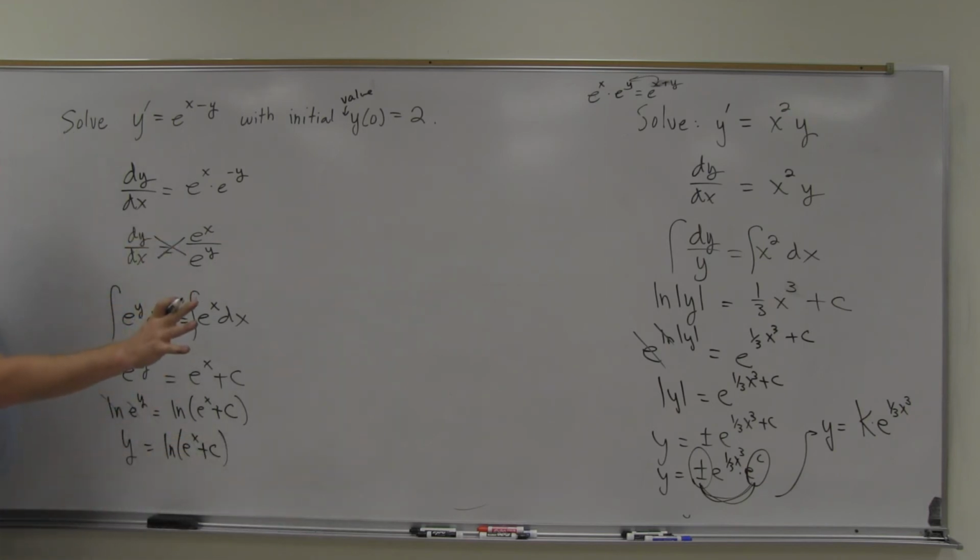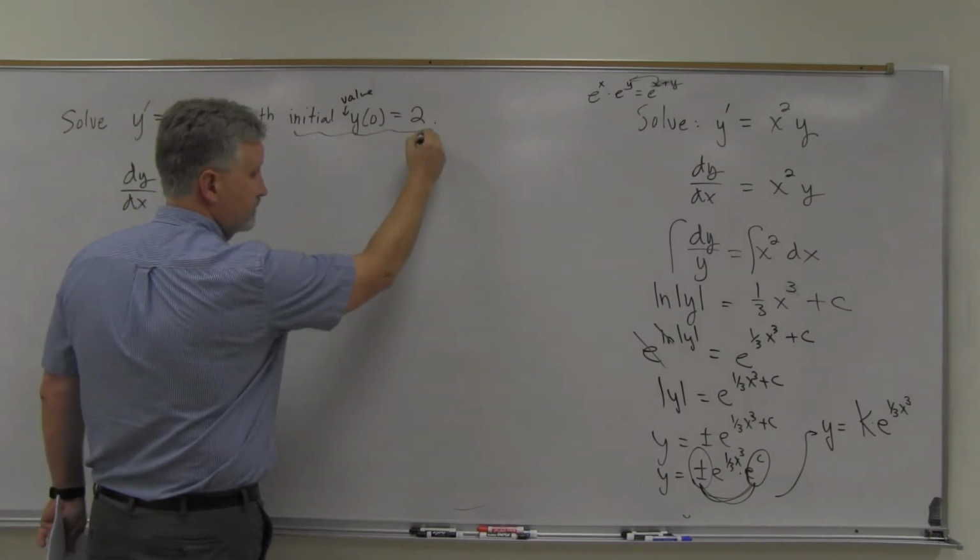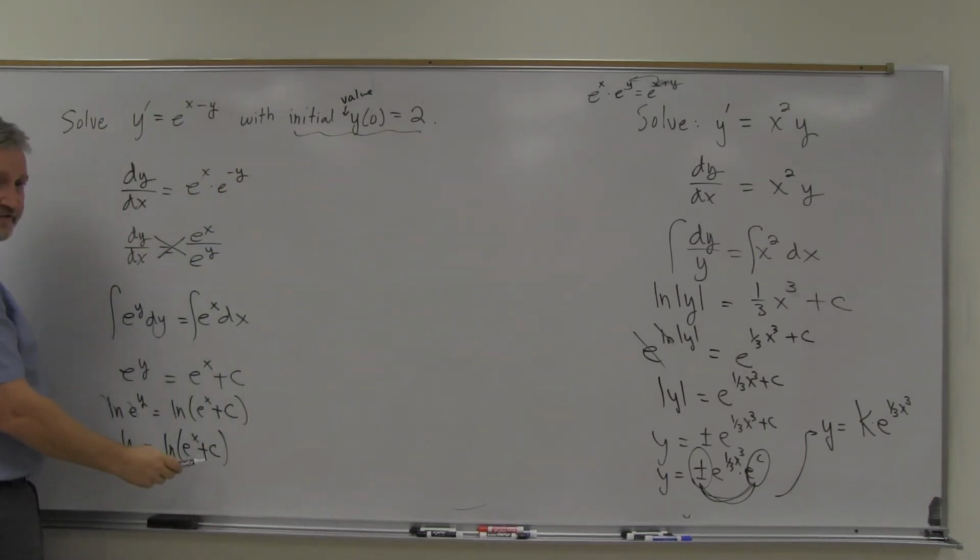That would have been where we finished last time, but with this initial value, we can figure out what c is. We can actually figure out the particular c that we want because we have that initial condition. So what do we do there?